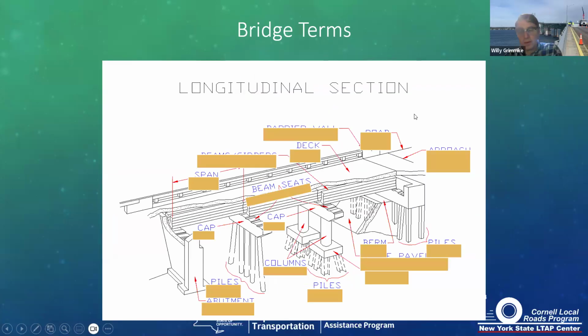So here's a longitudinal view, providing more description of what we're seeing. Back here, we have an abutment with a cutaway, and the abutment not only transmits load, but it also acts as a soil retaining wall. We have columns at our pier. We have piles.